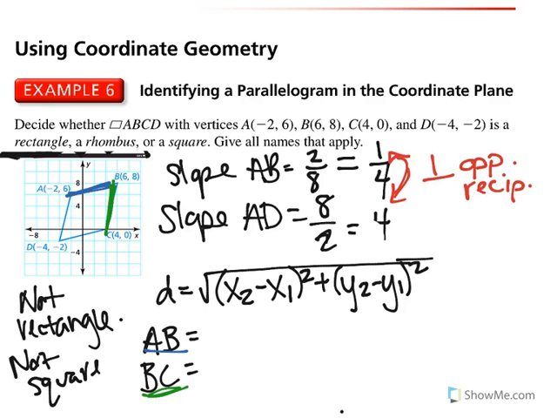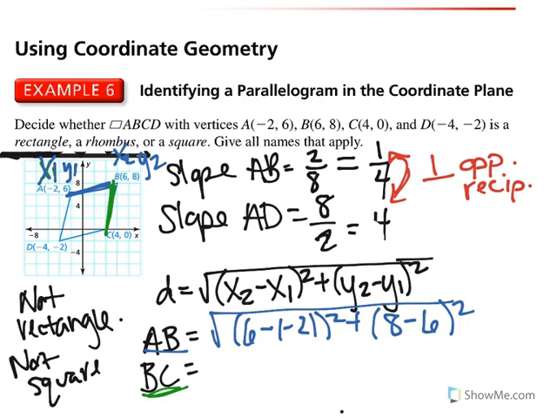So if I plug in the numbers, okay, I'm going to let -2 be x1, 6 is y1, B, 6 is x2, and 8 is y2. And we end up getting 6 minus -2, in parentheses, squared plus 8 minus 6 squared.